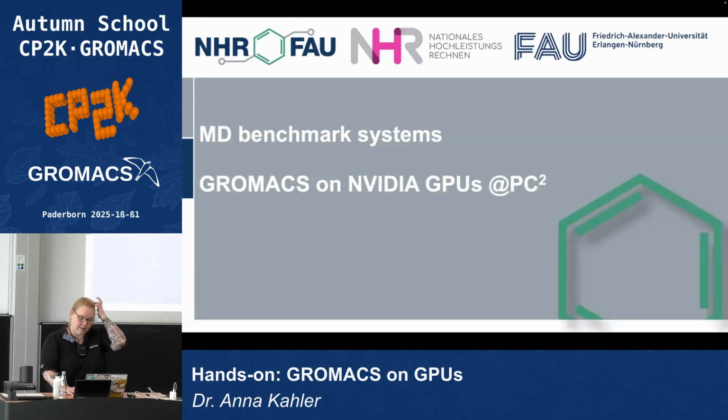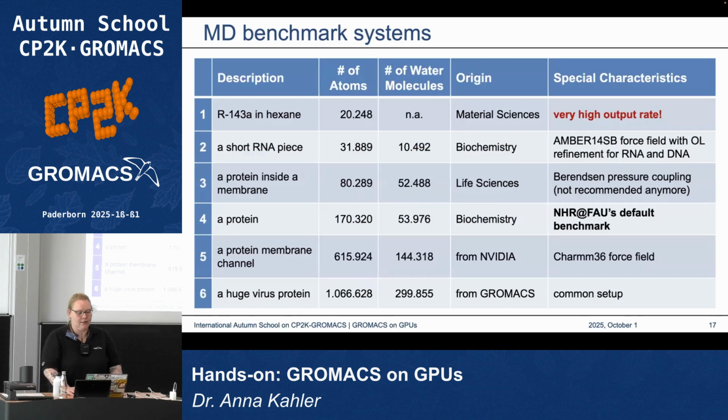Then I have shown you that already, the benchmark systems. These are the ones that I have provided for you for this hands-on, and the first 4 were from users, as I've already said, and number 5 I found in some repository for procurement on GitLab or GitHub, I don't know which one.